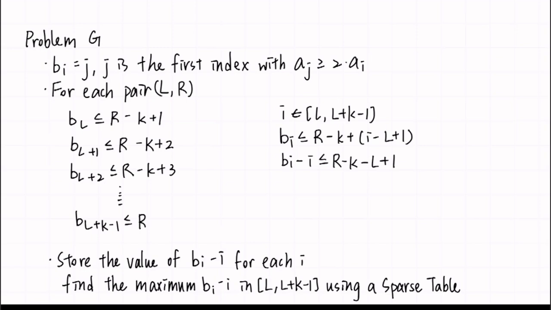And so for each value of k, we can still do binary search on k in each of the pairs of integers. In each range, we do binary search on k, and we can find the maximum value of b_i minus i in our current range of L to L plus k minus 1 using a sparse table.